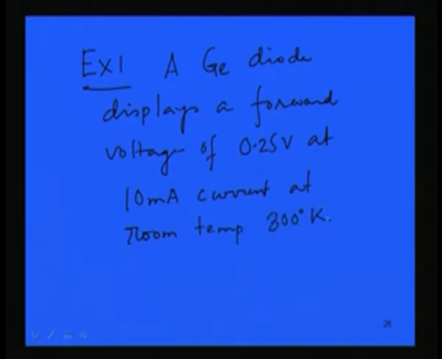Standard room temperature is taken at 300 degree Kelvin. Now, find the reverse saturation current. For this example, you have to find the reverse saturation current. That means IS you have to find out.